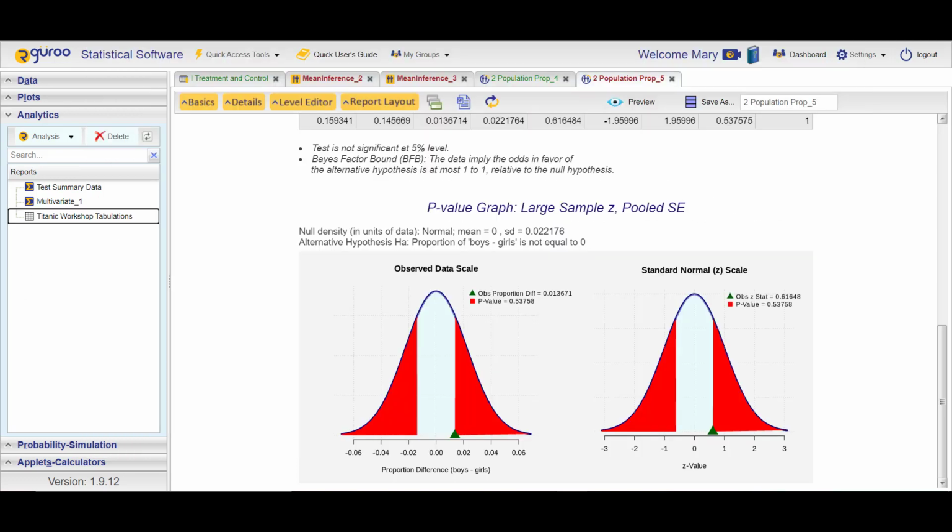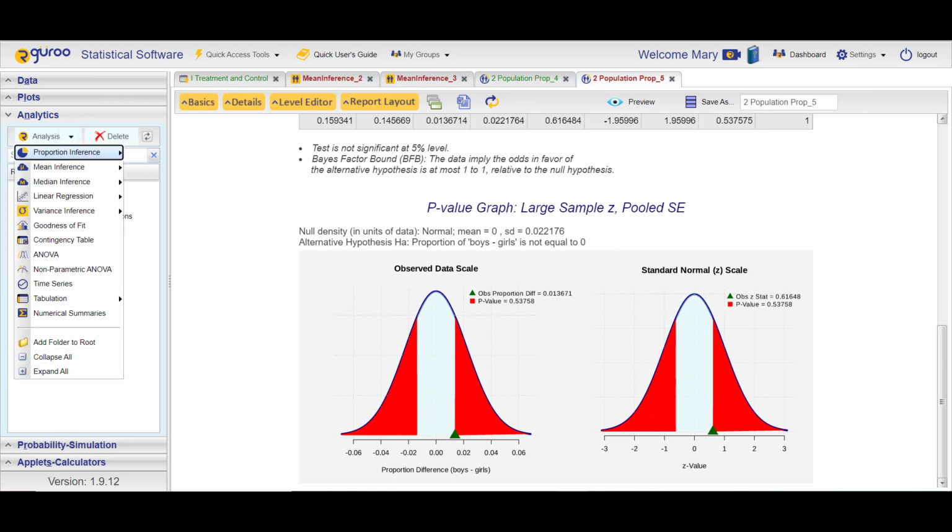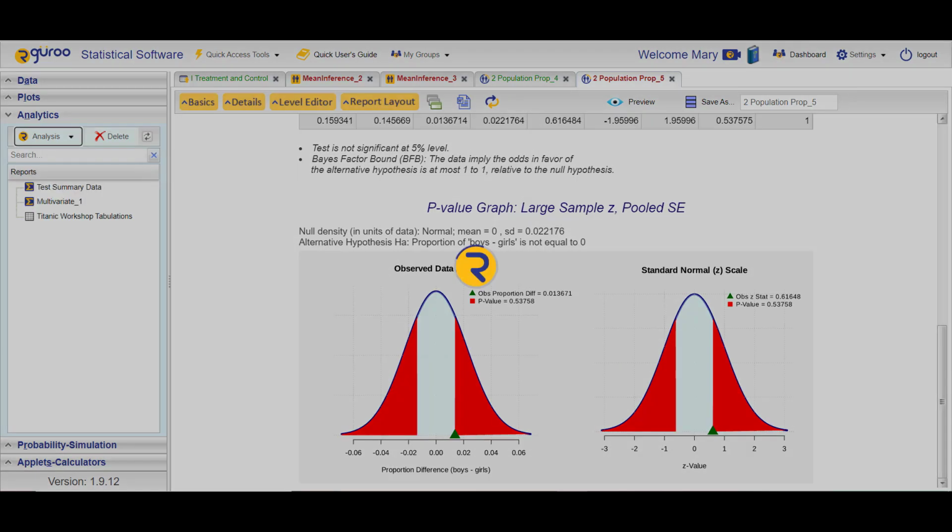All right, I'm going to go ahead and do both the test and the confidence interval, even though it doesn't ask for one, but I think it's just good practice.